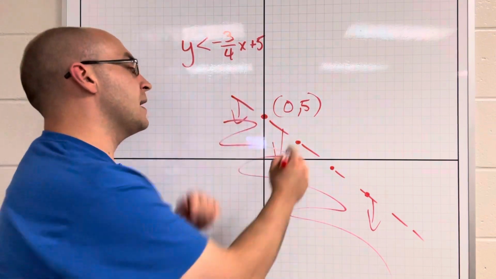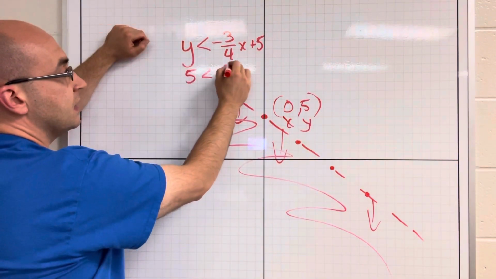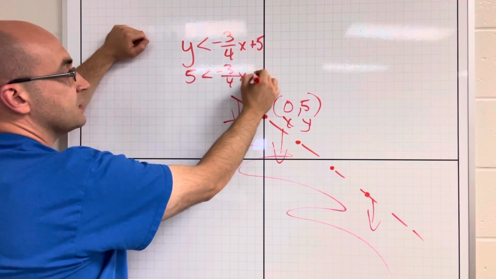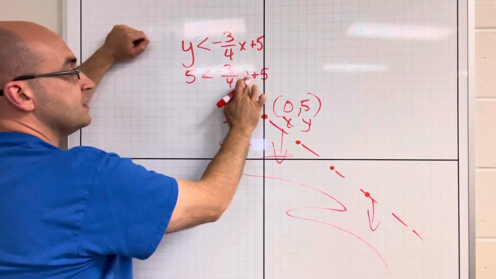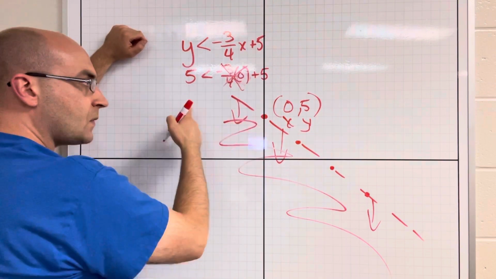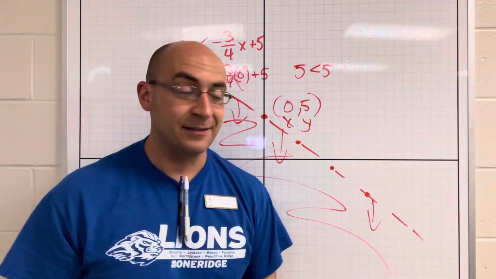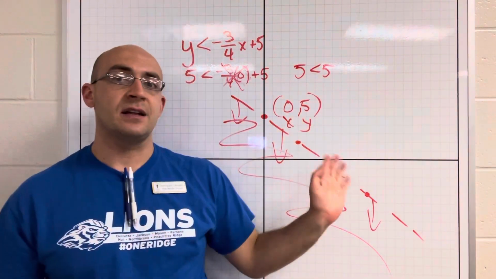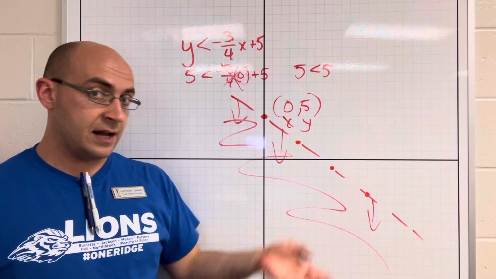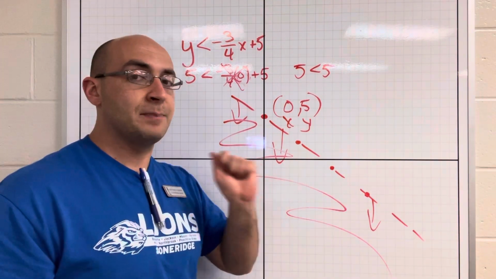So let's use our x-y pair and plug it in and see what we get. 5 is less than negative 3/4 x plus 5. I'm going to replace x with 0, and cancel those out. Then we ask ourselves, is 5 less than 5? No, 5 is not less than 5. Which means there is a specific mathematical reason why this is dashed: to help us understand that points that are on that line are not potential solutions.